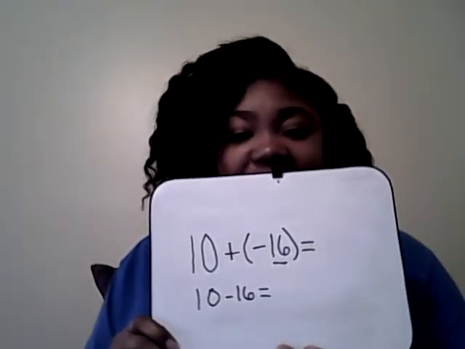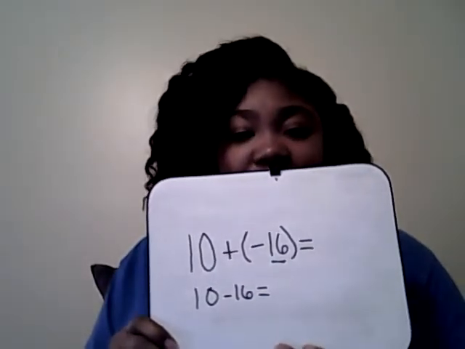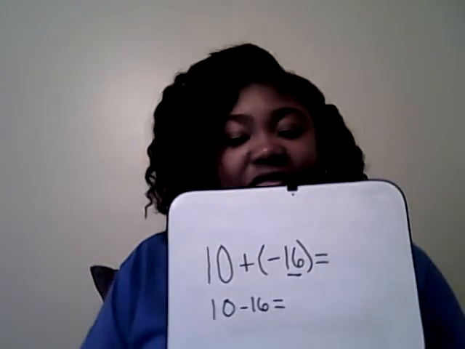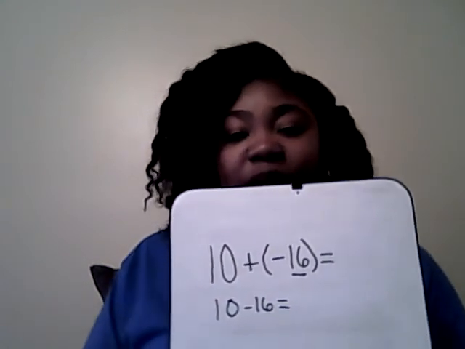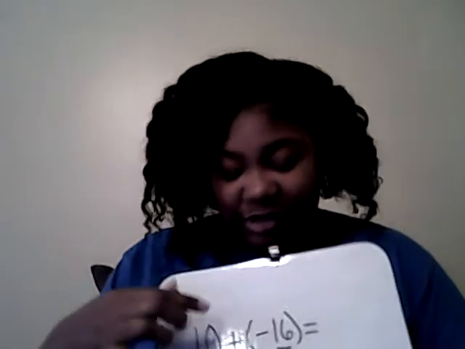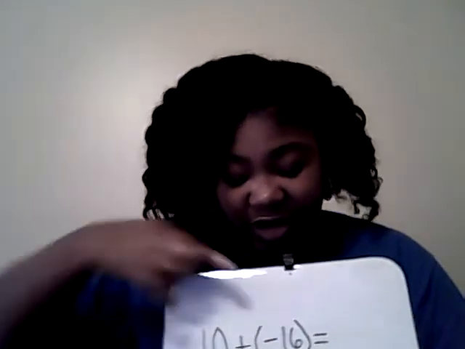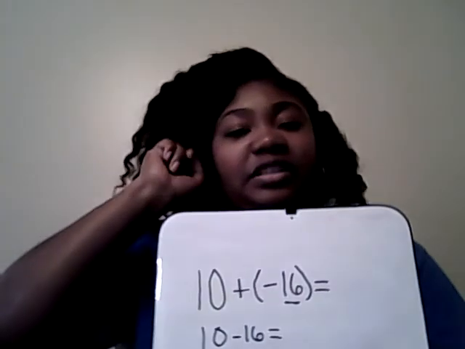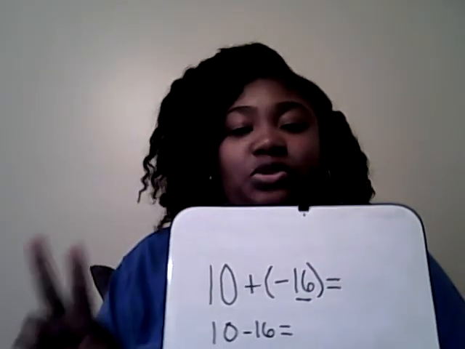So it's the same way as saying 10 minus 16. And so 10 plus -16, whenever the signs are different like that, you're always subtracting. So whenever there's a positive and a negative number, two different signs, you're always subtracting something.